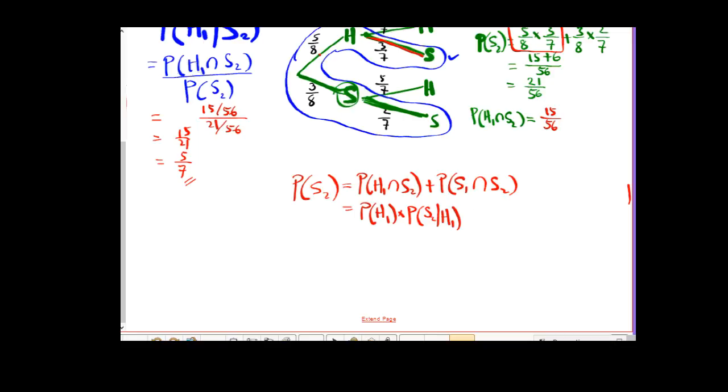Sorry, let me redo this again: probability of S1 times probability of S2 given S1, that gives probability of S2, basically.